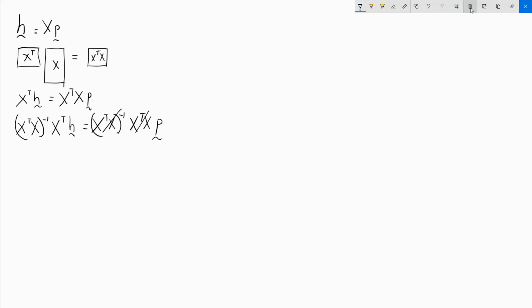Let me bring P over to the left-hand side. Let me put a little hat over it to signify that it's just been estimated. P hat equals XtX inverse XtH. And I've now solved the inverse problem. I have now estimated P from H.